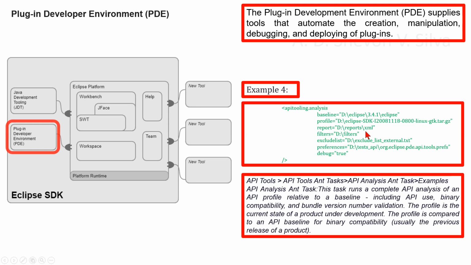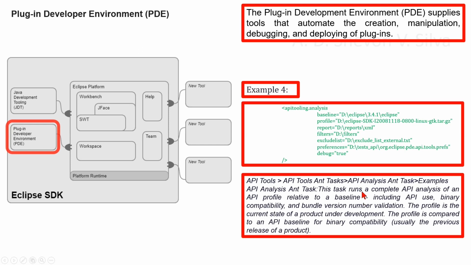It will use the exclude list and the .api_filters files located in the exclude list extension external .txt and the filters to reduce the number of problems to report.